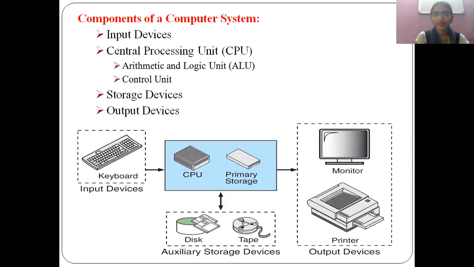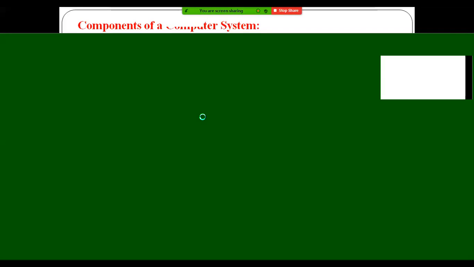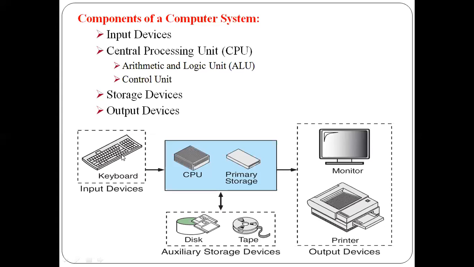Next, components of a computer system. Coming to the components of a computer system, we have input devices, central processing unit, output devices, and storage devices. Input devices will provide the input data to a computer. The best example for input devices is keyboard.